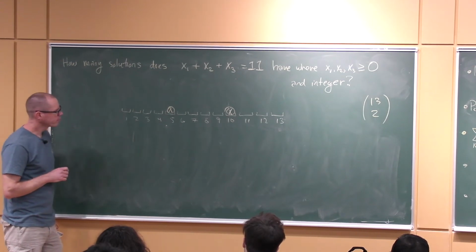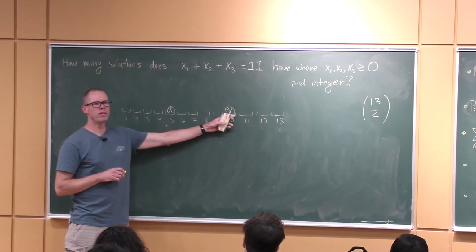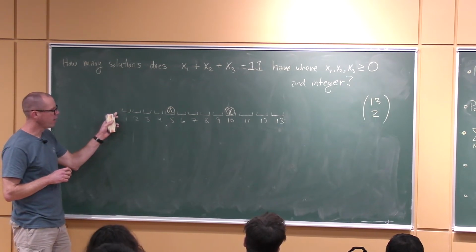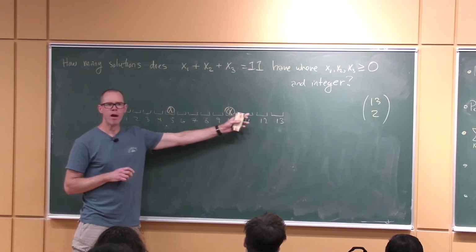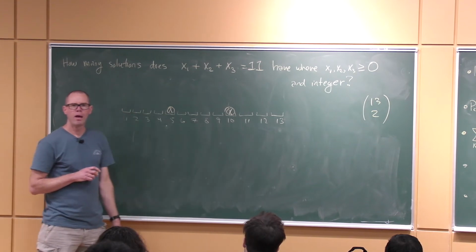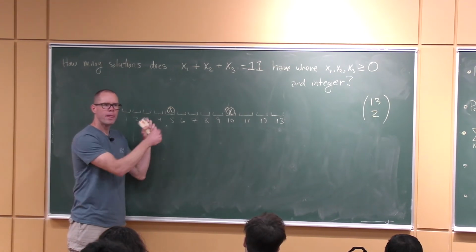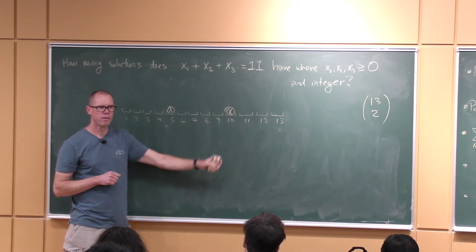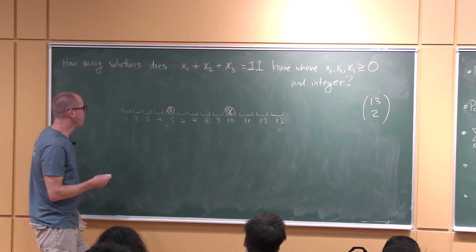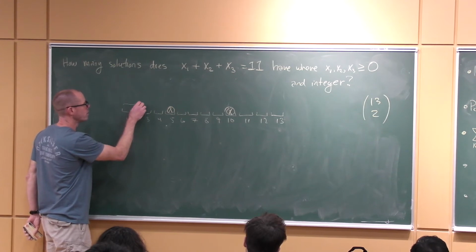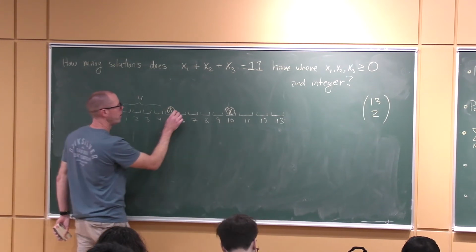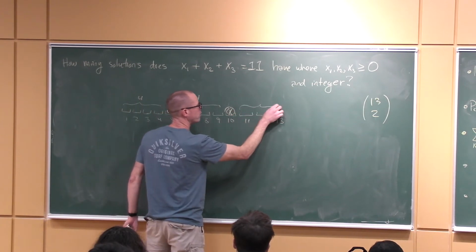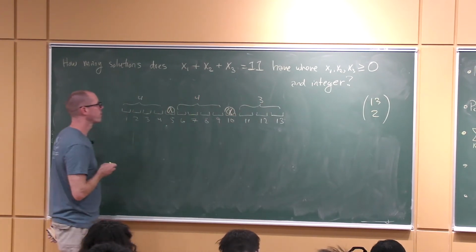So I filled in 2 of these 13 locations, which means that there's 11 that are not filled in. And these 2 that I filled in actually break this up into 3 intervals. If I add up the lengths of these intervals, this one is of length 4, this one is of length 4, and this one is of length 3.